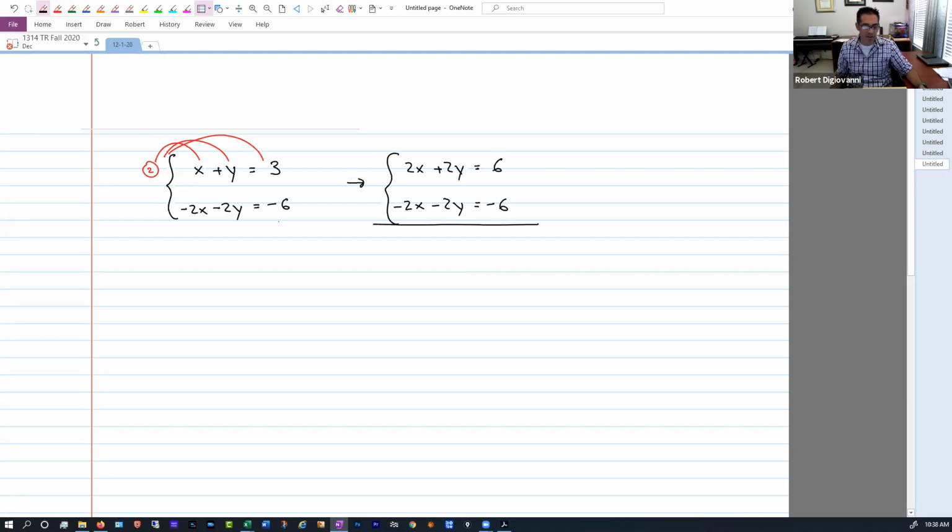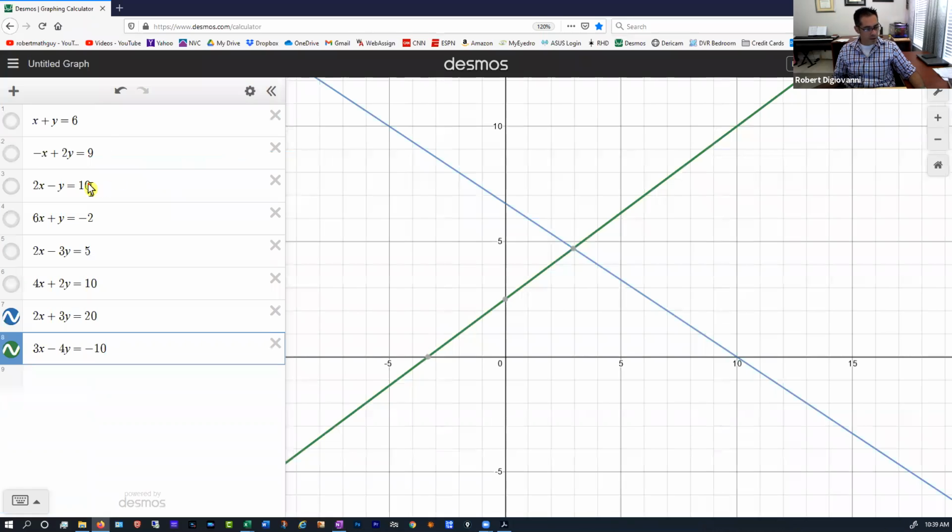And what happens when I add straight down? What do I get? Zeros. 0 everywhere. 0 on the left side equals 0 on the right side. What? This is weird, right? Something very strange happened here. And so I'm going to show you the graph of those 2 lines, all right, just so you can see what's happening here.